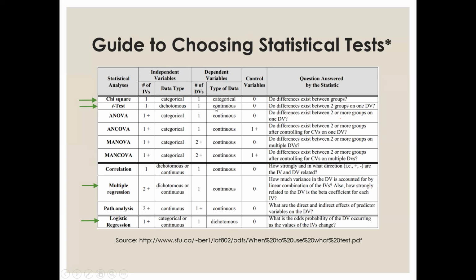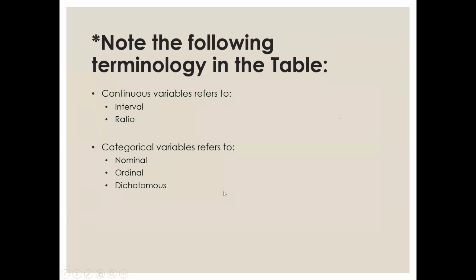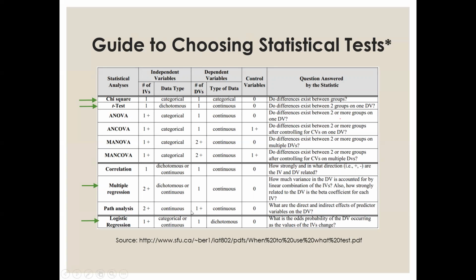If they're doing t-testing, do they have interval or ratio? If they do multiple regression, do they have an interval ratio level dependent variable? Do they have a dichotomous variable as the dependent variable in logistic regression? What are they using?